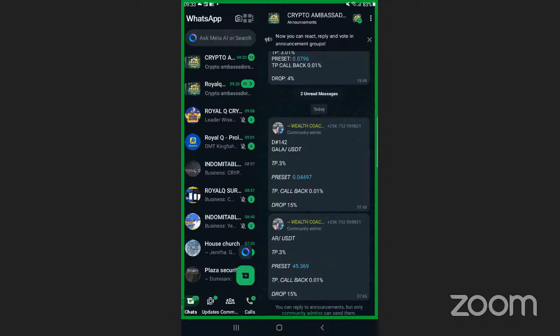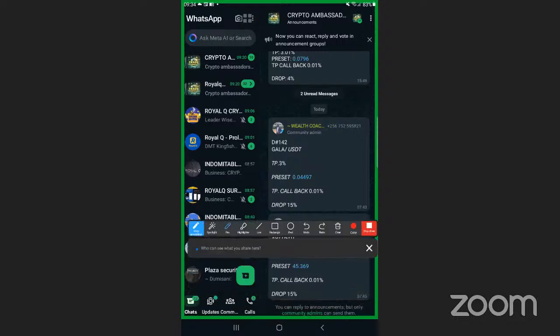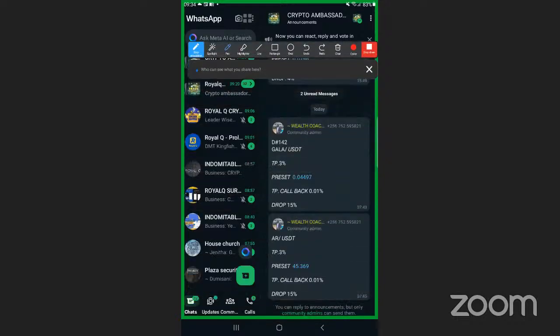Can you see my screen? If you can see my screen on your side, give me yes in the chat, because I'm here to show you how a signal looks.